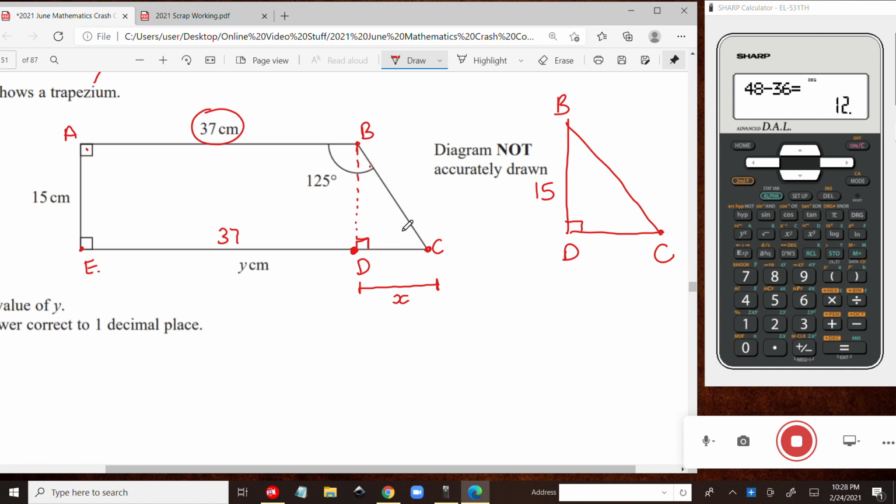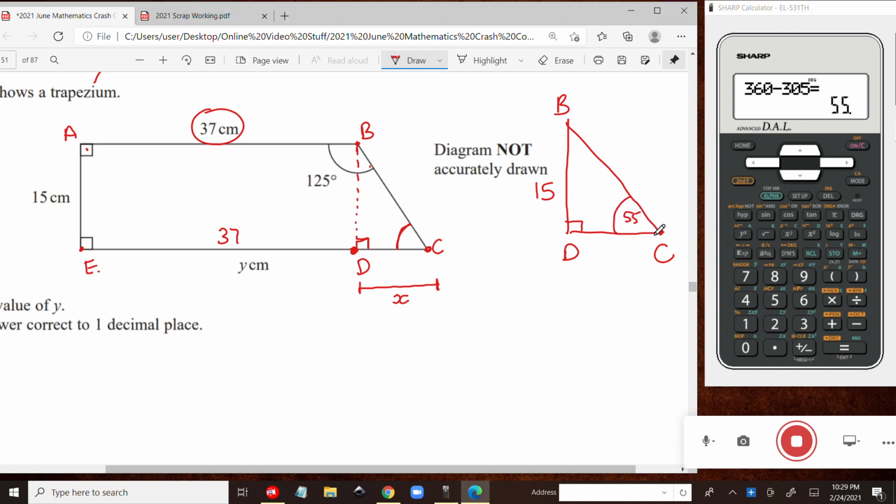I bet we could find this missing angle because all 4 angles are supposed to add up to what? 360. Remember, all the angles in a 4-sided figure add up to 360. So let's do a little calculation here. 90 plus 90 plus the 125 gives me how much? 305. So 360 minus 305 will give us 55. So this angle here is 55 degrees.